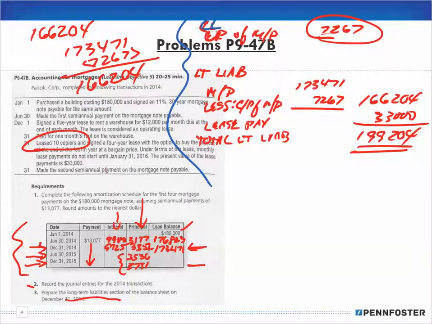I'd have my current liabilities up here, and I have the current portion of the mortgage payable up here, and then my long-term liabilities would be here, and I'm doing the math to get the balance in the mortgage payable account and the total long-term liabilities. I would not actually put the number here.